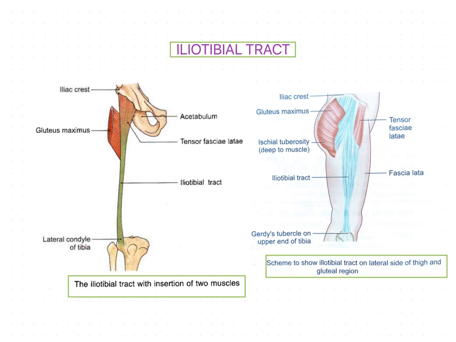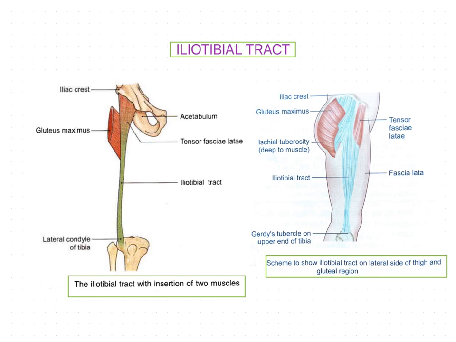This iliotibial tract is also a modification of the deep fascia of the thigh. The iliotibial tract is formed by the deep fascia, or fascia lata, which is thickened laterally.